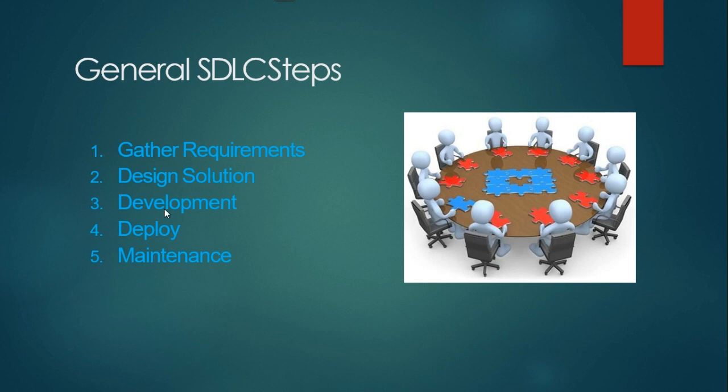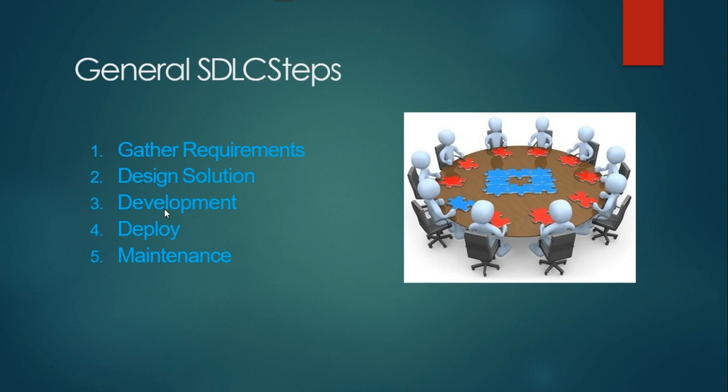Secondly is design. Once you have the requirements, you design that, based on these requirements, we are supposed to have something like this. It's a very high level picture of the output that you would be wanting. So you design a solution based on the requirements that you gather. And then once you have a design, you start working on it.